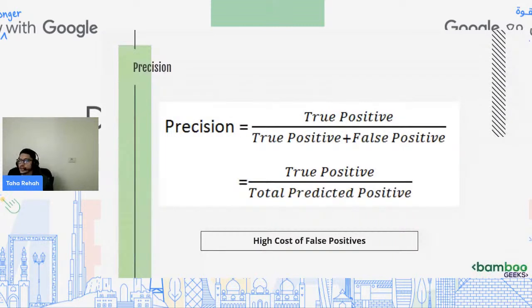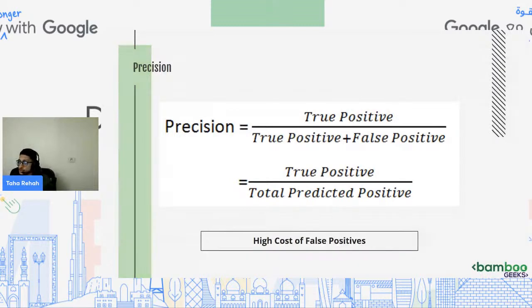Let's take an example. For instance, we have Gmail, and Gmail is doing spam detection. You are receiving emails in your email folders, and Gmail is responsible for classifying the emails into spam and not spam.